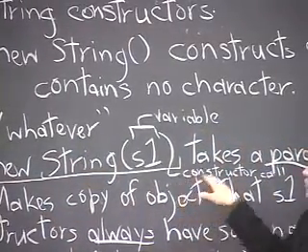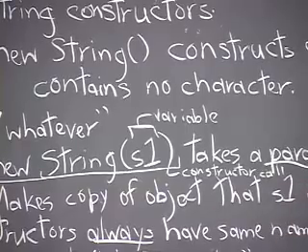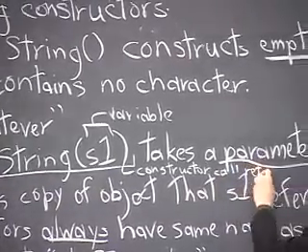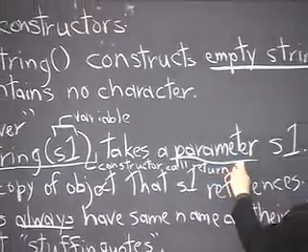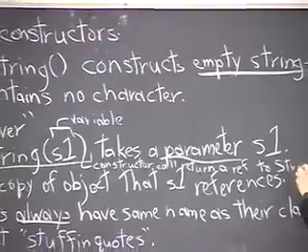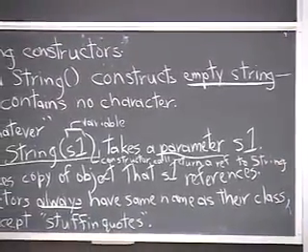But this constructor call also returns a value that you can use, and the value that it returns is a string object, or a reference to a string object. I hope that answers your question.